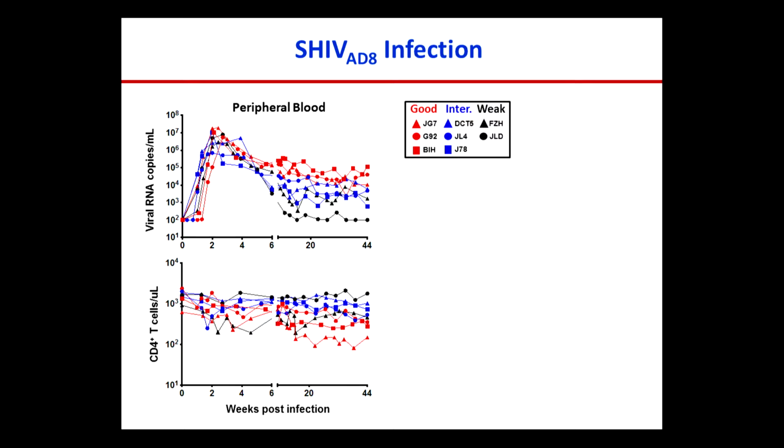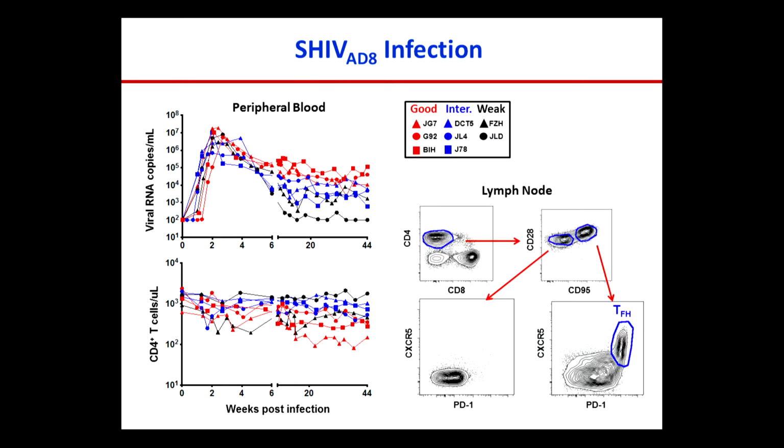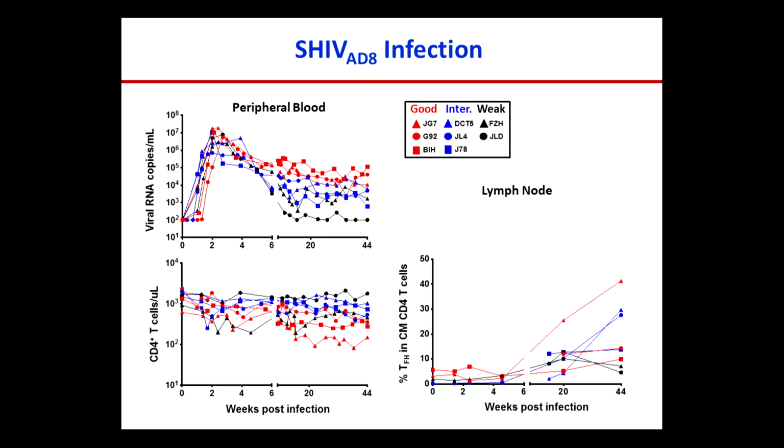So then we asked, well, what about T follicular helper cells? By measuring T follicular helper cells over time in these monkeys in their lymph nodes, what we saw is that the red and the blue monkeys tend to have more T follicular helper cells, but it's not as good a correlation as we saw over here. So we decided to look at antigen-specific B cells and antigen-specific T follicular helper cells.